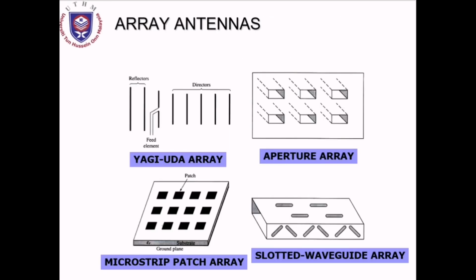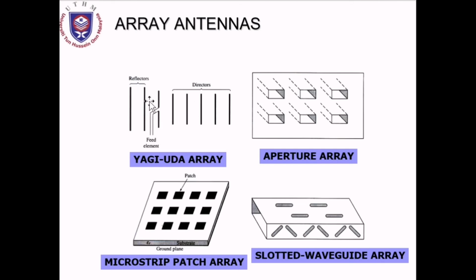Array antennas are also used mostly for point-to-point communication. For example, the Yagi-Uda antenna is what we call an array because there's a director in front and a reflector, and here is a wire antenna, which is the dipole antenna.